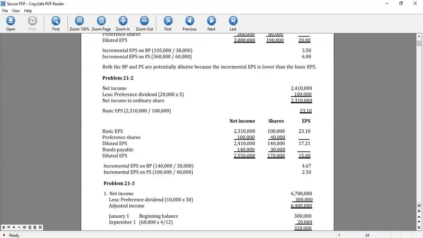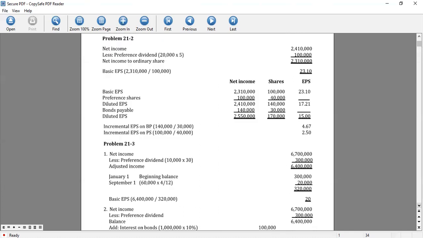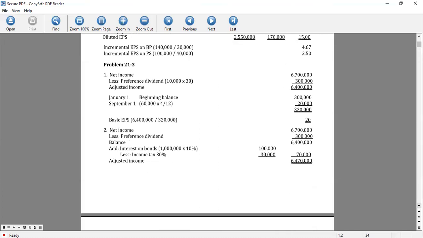So just like in problem 21-1, both the bonds payable and the preference shares are potentially dilutive because the incremental EPS is lower than the basic earnings per share.